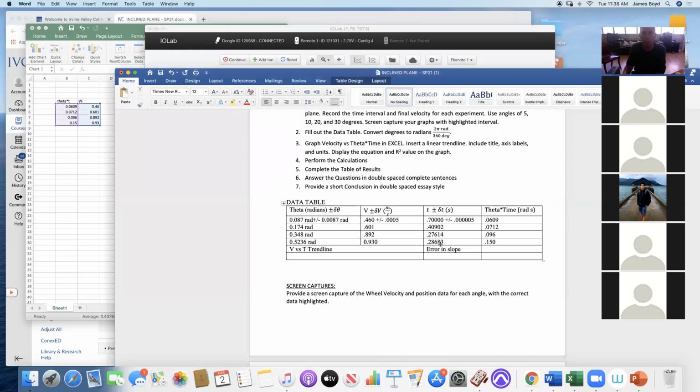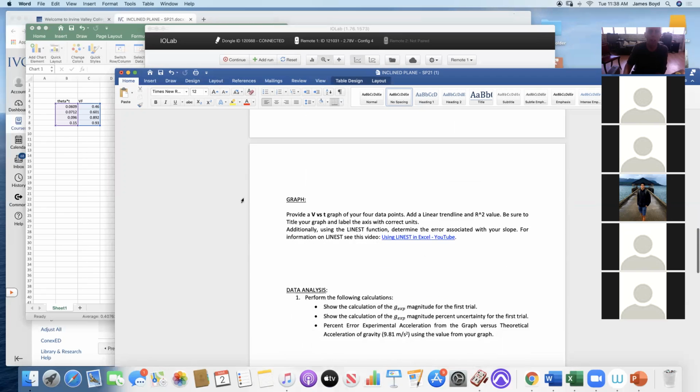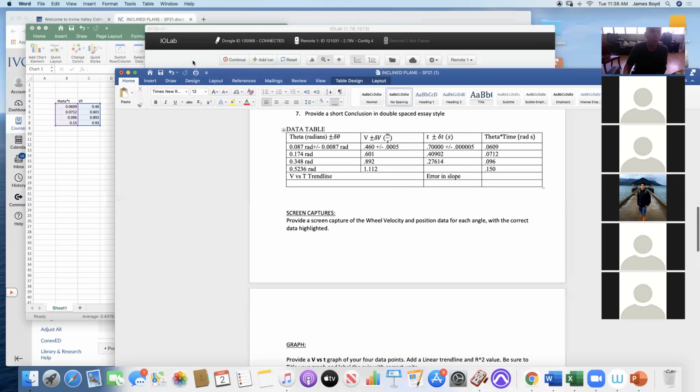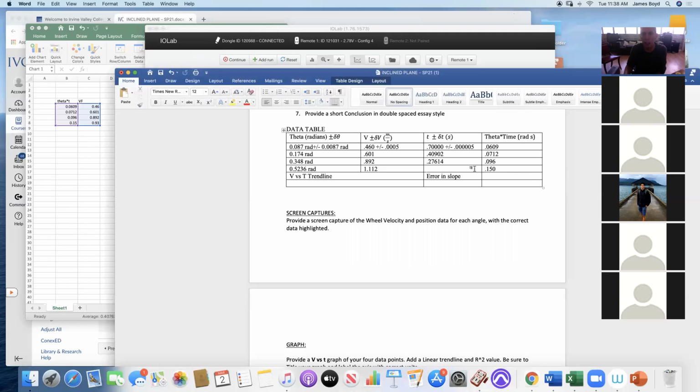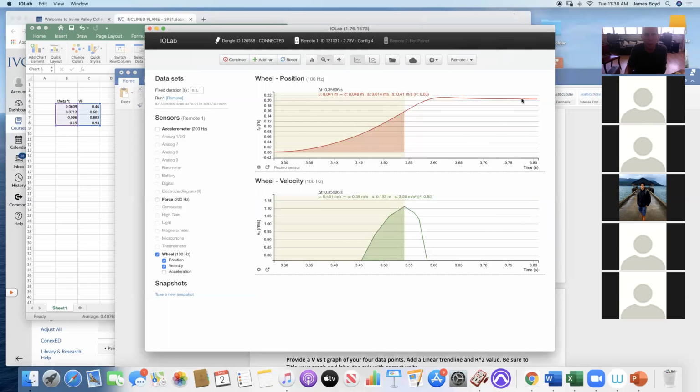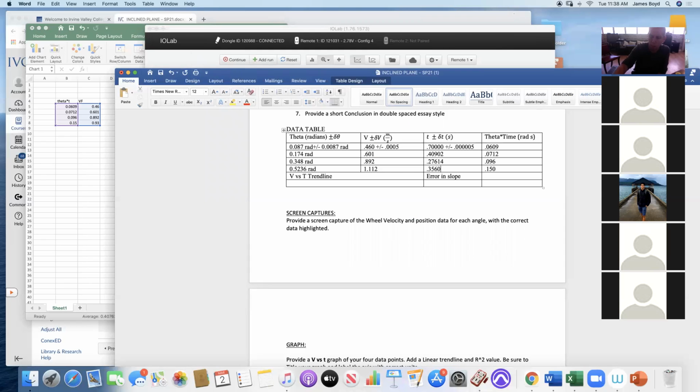So it's still not happy, and I'll tell you why in a second. 1.2, but my time, at least for that, is 0.356. 0.356 seems a little bit off. It's bigger than this one, which bothers me a little bit.